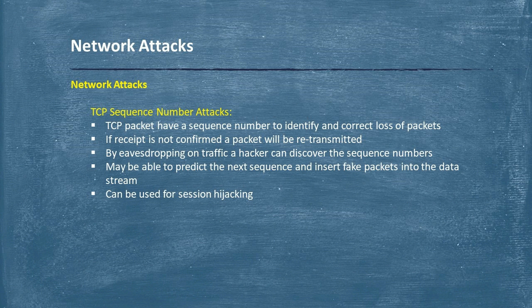By eavesdropping on traffic, a hacker can discover the sequence numbers and may be able to predict the next sequence number. If he gets one sequence number, he should be able to predict the next number and insert fake packets into the data stream. Thus he can hijack. This is also called session hijacking. This is another type of attack.